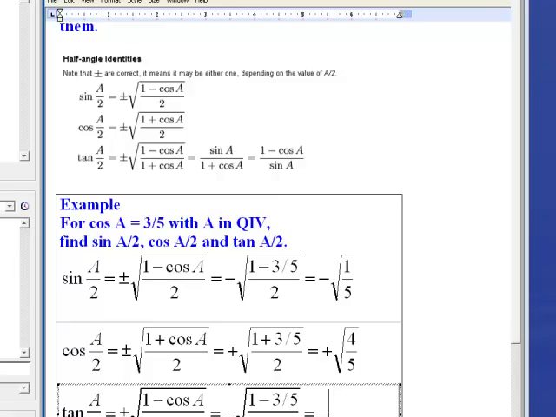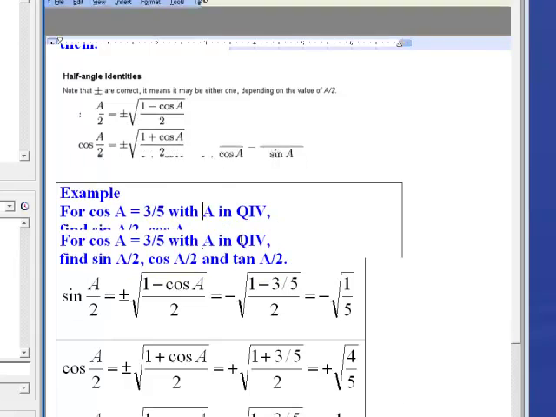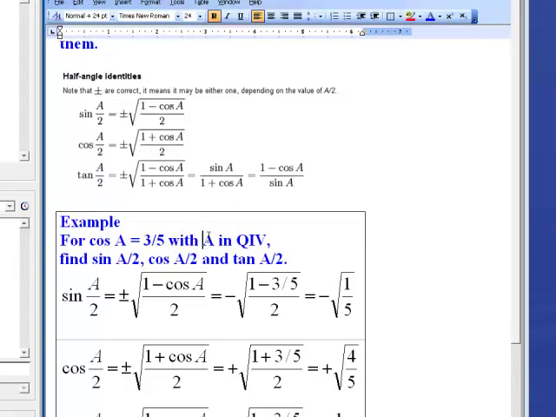And despite that, I already know that I made a mistake on the last two. For now, we're in quadrant 4 with the tangent, so the negative needs to be there. However, here's the little trick. A was in quadrant 4, but where's A over 2? Well, A is going to be between 270 degrees and 360 degrees, so A over 2 needs to be between 135 and 180 degrees, which means A over 2 is in quadrant 2.